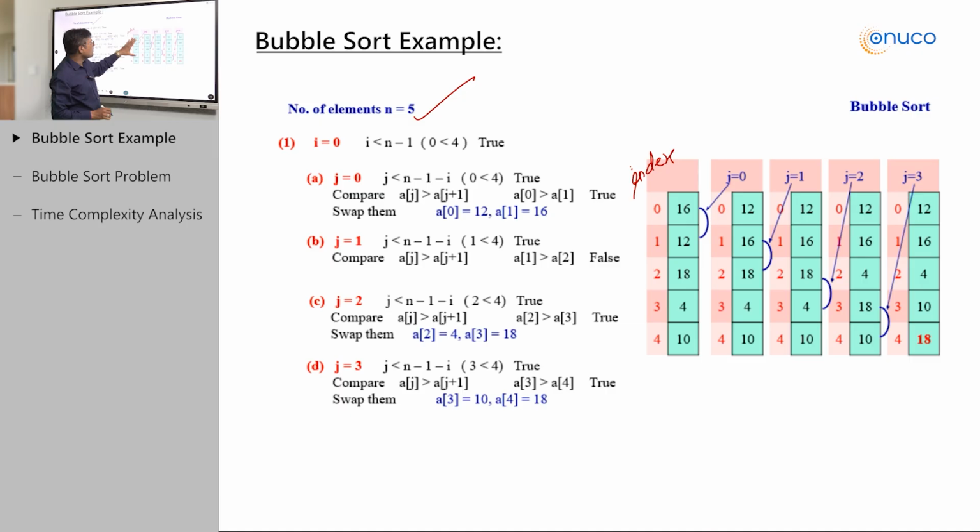So we are going to apply bubble sort. How will we apply it? We will go with the first iteration. Here j equal to 0, 1, 2, 3 is the number of iterations required to perform the task.